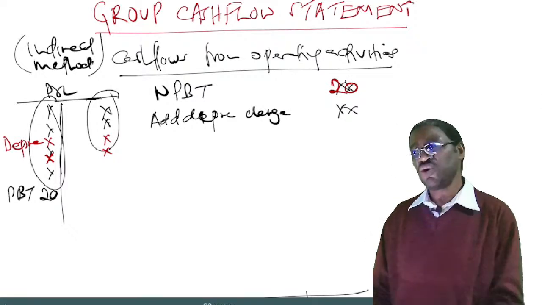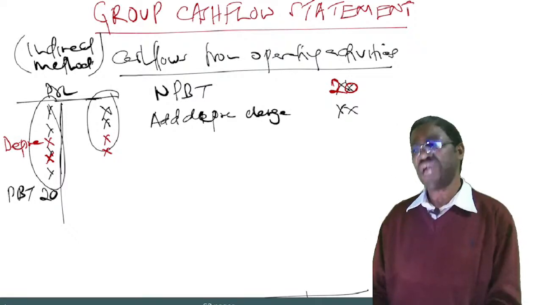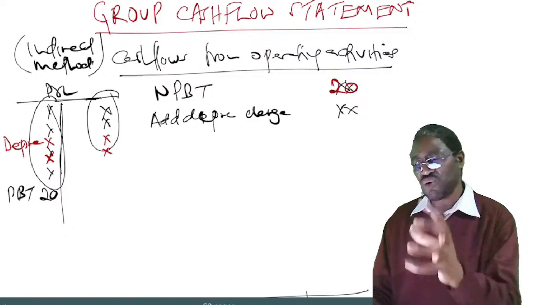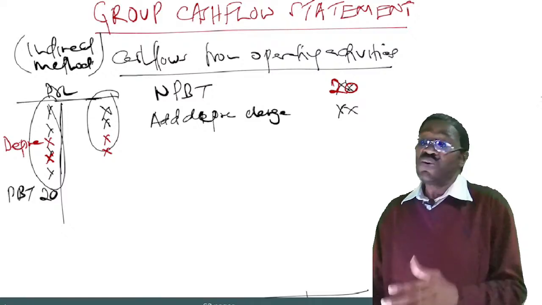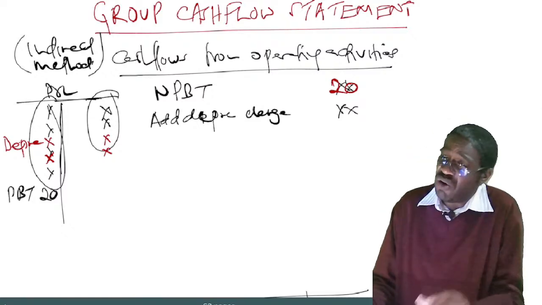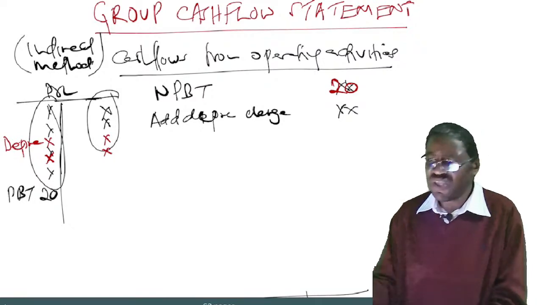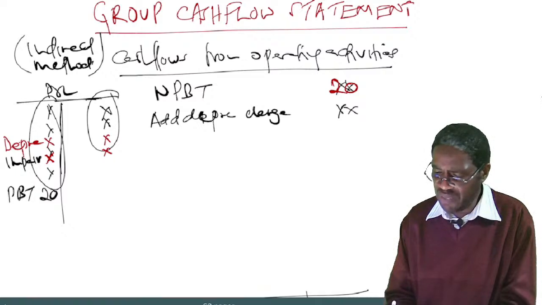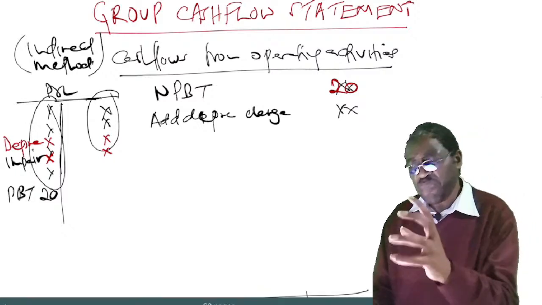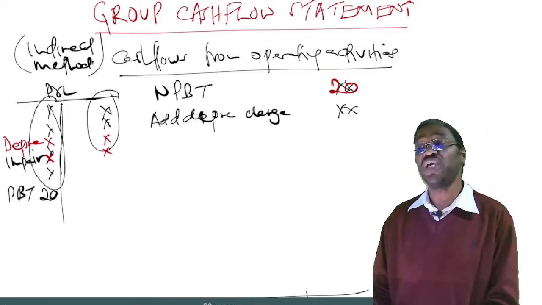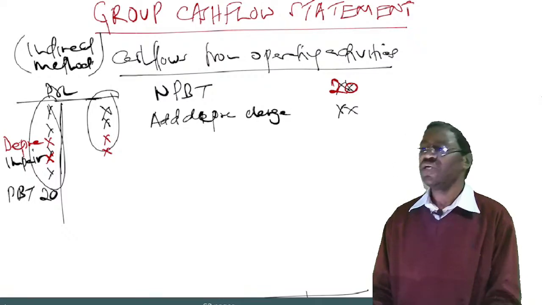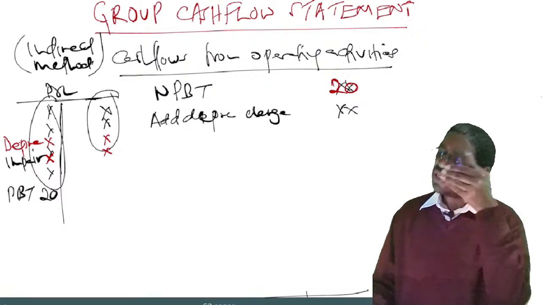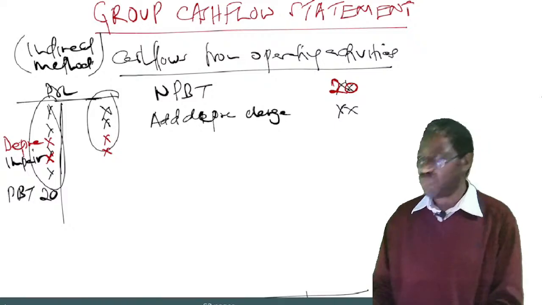Of course, you know many other things could have gone to the income statement for which no cash was involved. Something else could be, maybe, impairment. When you impair an asset, it is obvious you never paid anything for that impairment.